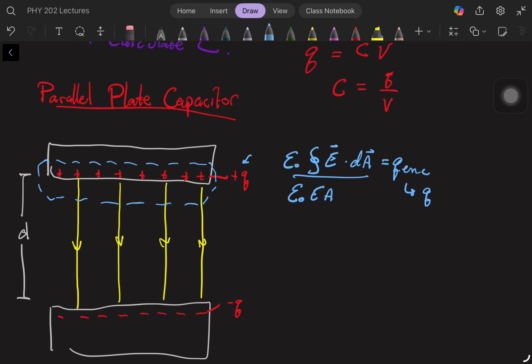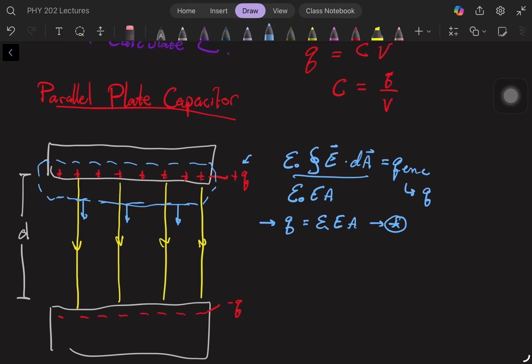We can do this because the area vector is going to be parallel to the electric field vector, and the electric field is going to be constant through this surface, so we can pull it out. And so we have the equation Q is equal to epsilon naught EA.